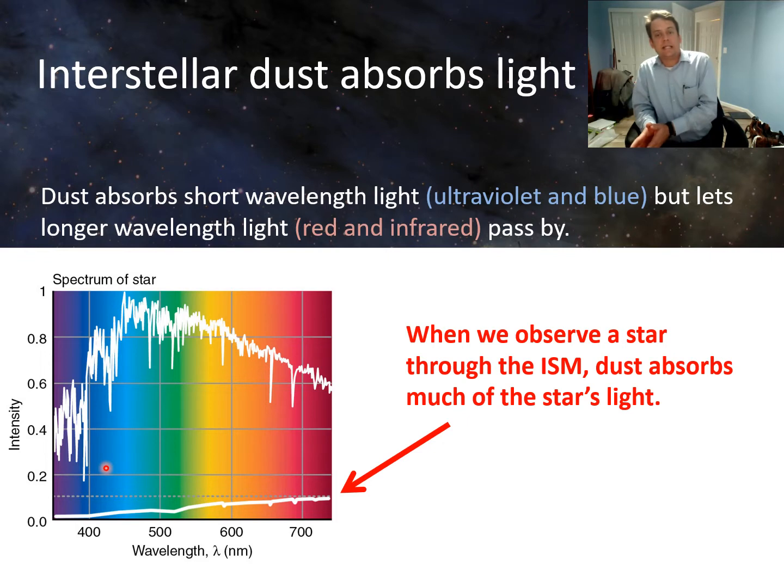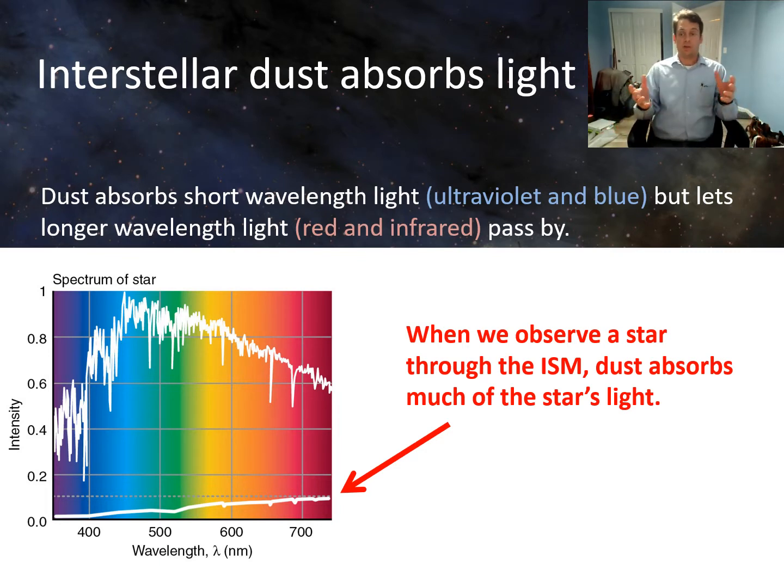It's just that the red light gets filtered less well than does the blue light. So the whole spectrum gets pulled down, but the blue end of the spectrum gets pulled down more. And so if you don't know that, you would probably be really confused about what you were looking at. And if you tried to figure out properties of the star that emitted this light, you'd be totally wrong.